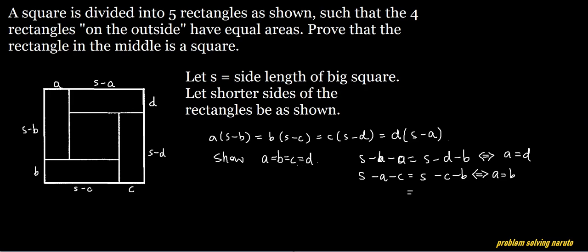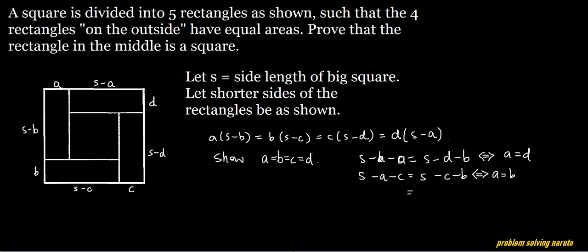So that's what we want to show. If we can somehow show that A equals B equals C equals D, then we will have proved this statement. But we just have this condition.